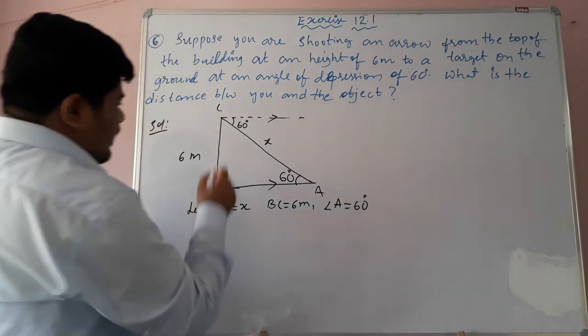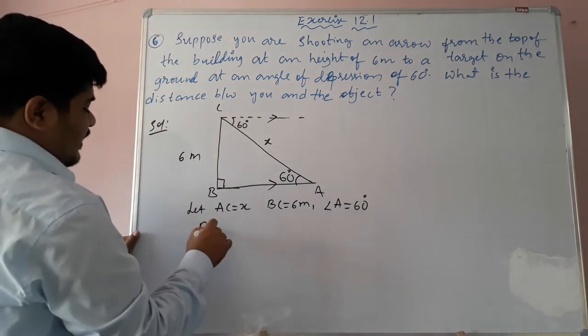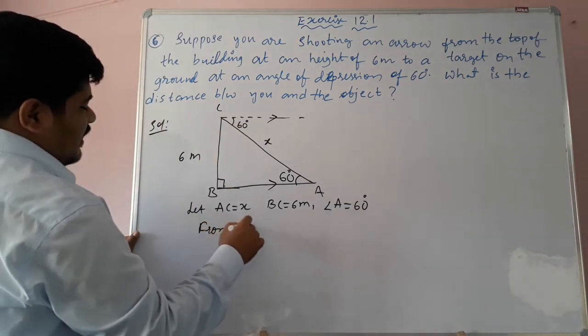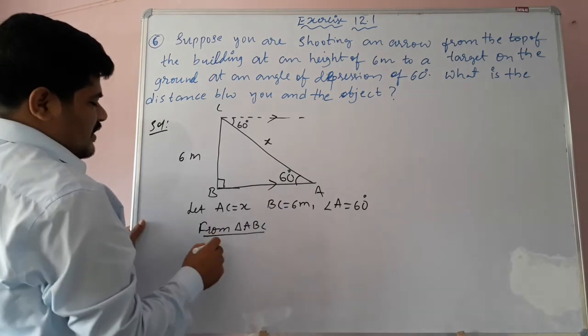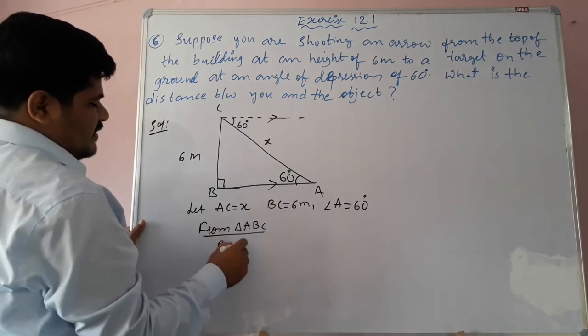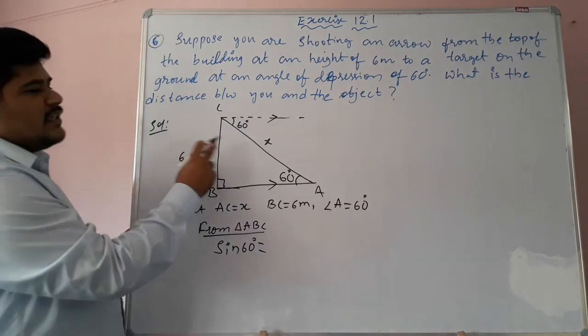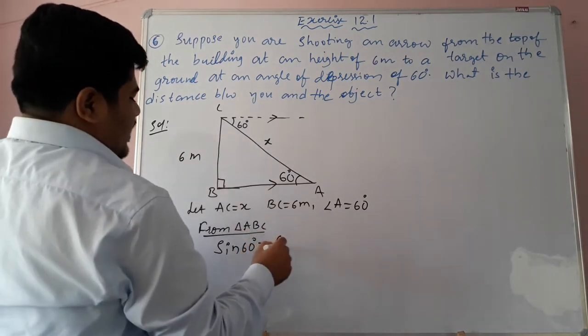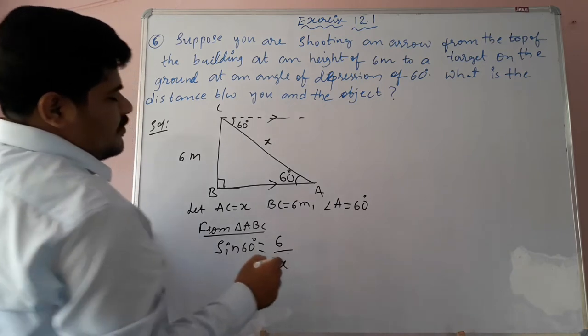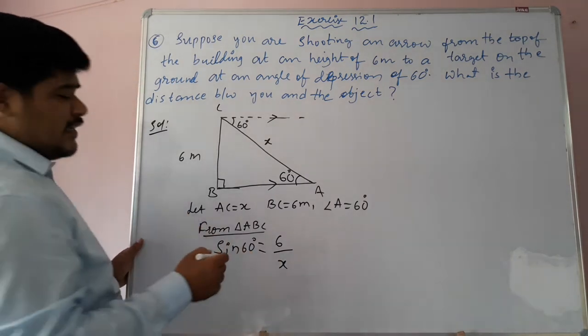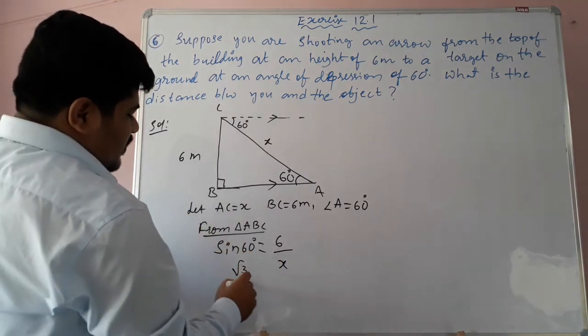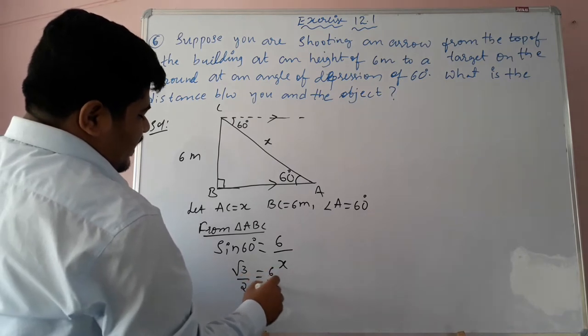So students, now from triangle ABC, what can we write? With respect to 60 degrees, sine 60 degrees is equal to the opposite side to 60 degrees by the hypotenuse. So we can write it as 6 by x. So students, what is the value of sine 60 degrees? Root 3 by 2. So root 3 by 2 is equal to 6 by x.